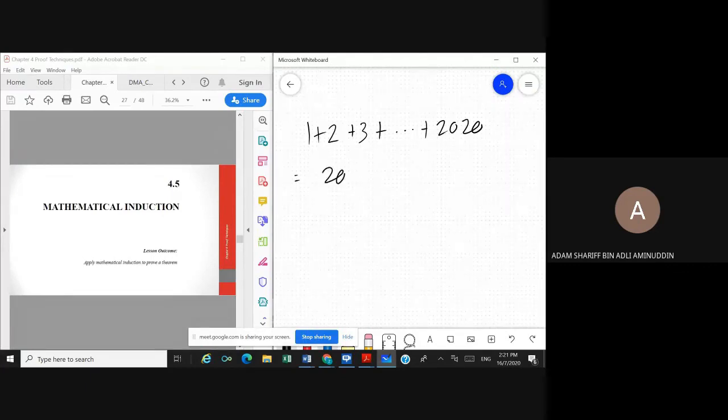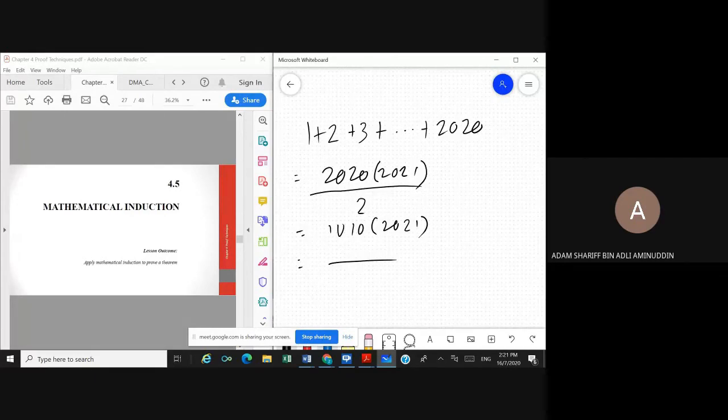It's just 2020 times 2021 over 2. So it becomes 1010 times 2021. Masuk dalam kalkulator sendiri. Can also be answered under not 1 minute, but 10 seconds.